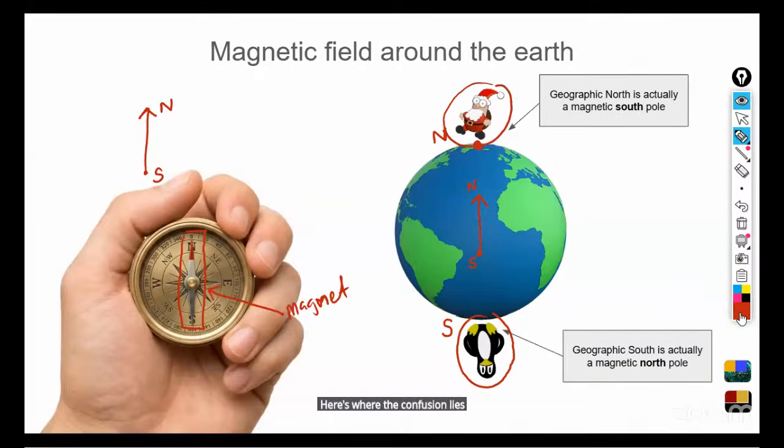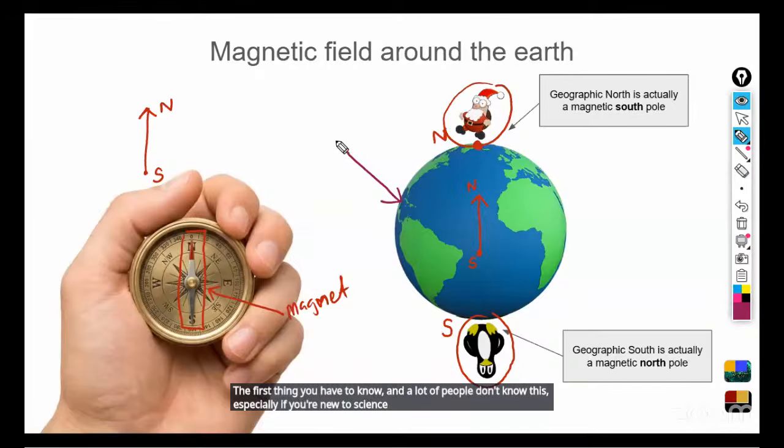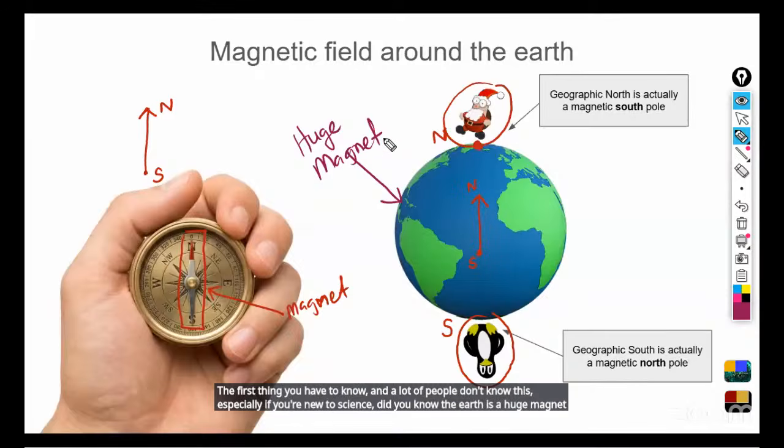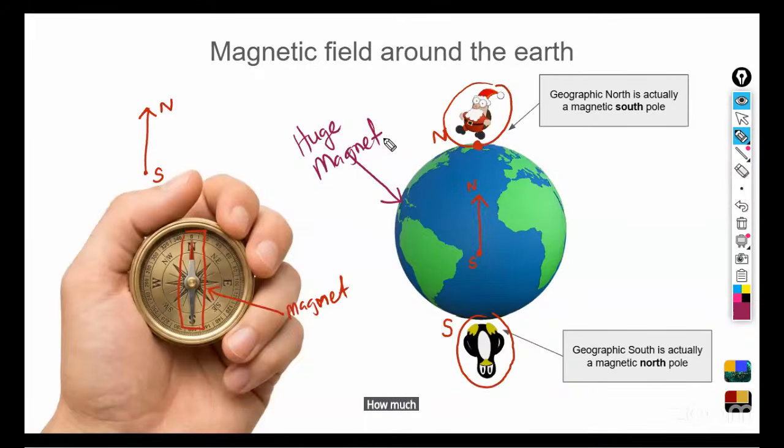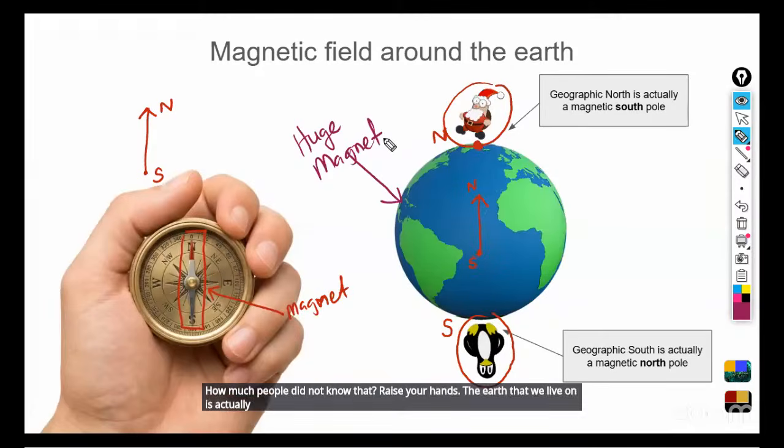The first thing you have to know, and a lot of people don't know this, especially if you're new to science: did you know the Earth is a huge magnet? How many people did not know that? Raise your hands. The Earth that we live on is actually a huge magnet. That's right. In fact, most planets in the solar system are magnets.